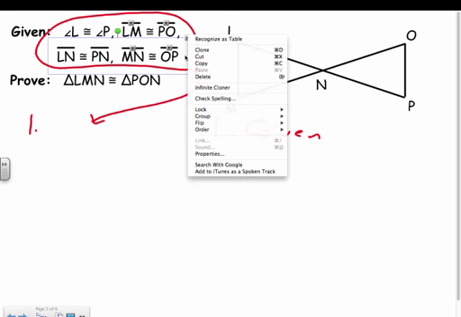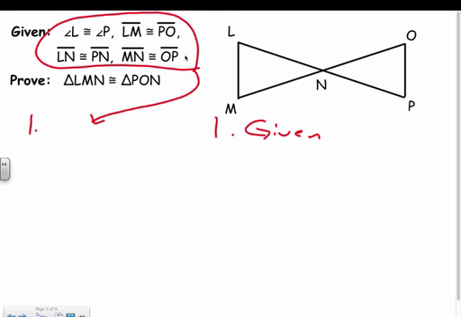L is congruent to P. I can mark those. LM is congruent to PO. LN is congruent to PN. Well, I already used one dash, so I better use two dashes here for PN. And MN is congruent to OP. I better use three dashes.